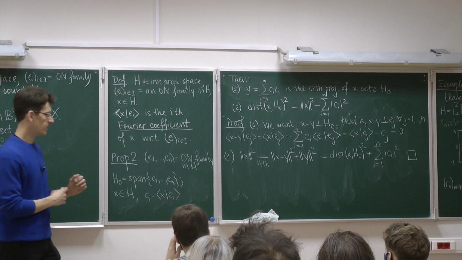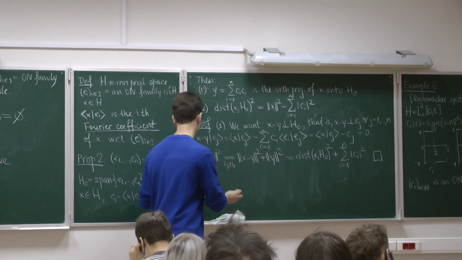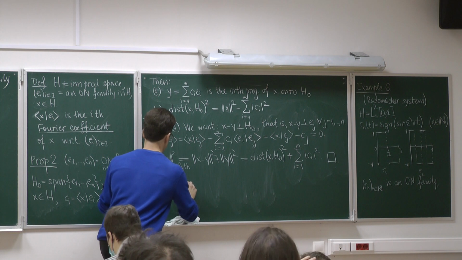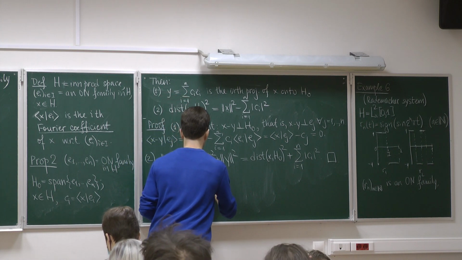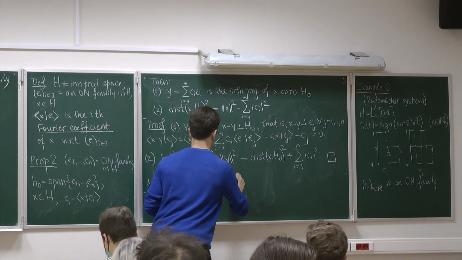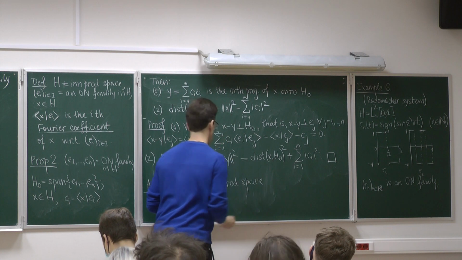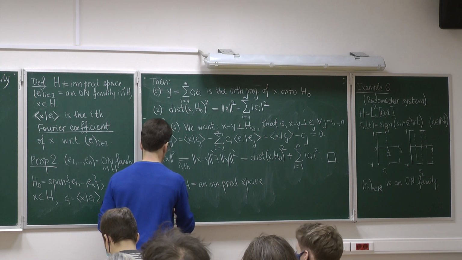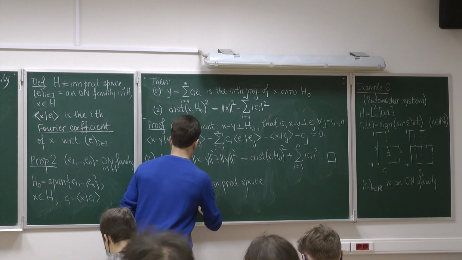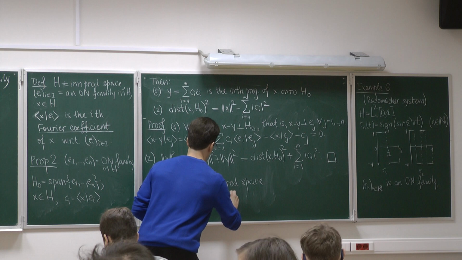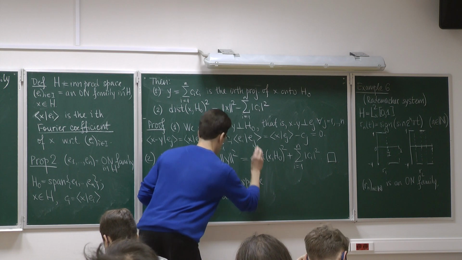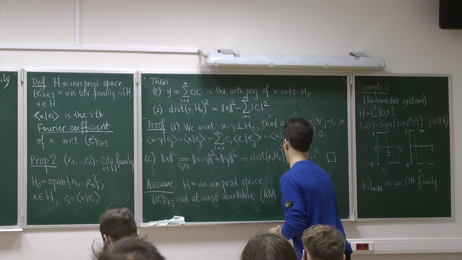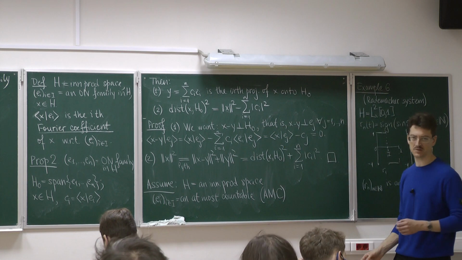From now on, we assume, as before, that H is an inner product space, and we fix an at most countable orthonormal family e_i in H. By the way, let's introduce an abbreviation: AMC will mean at most countable.